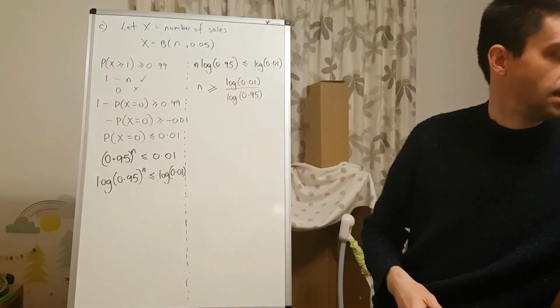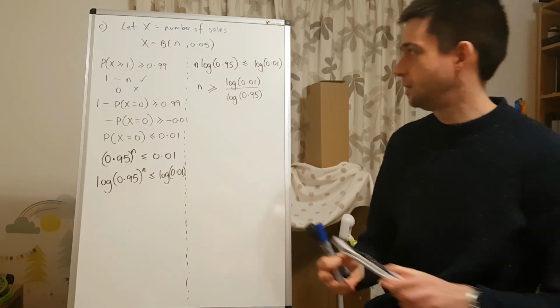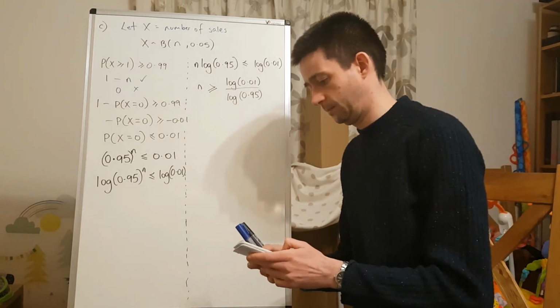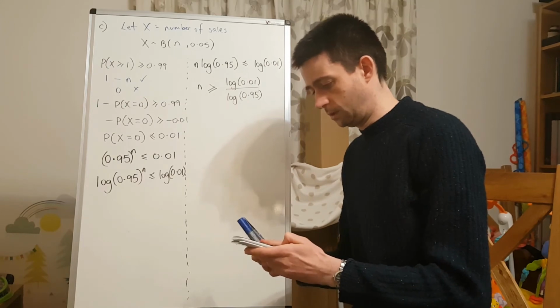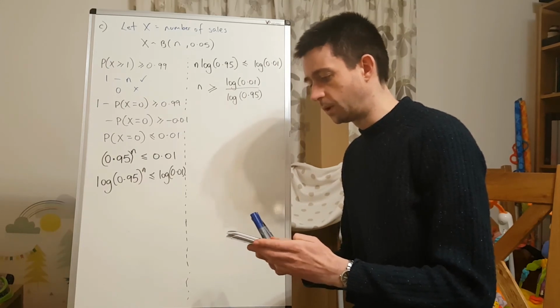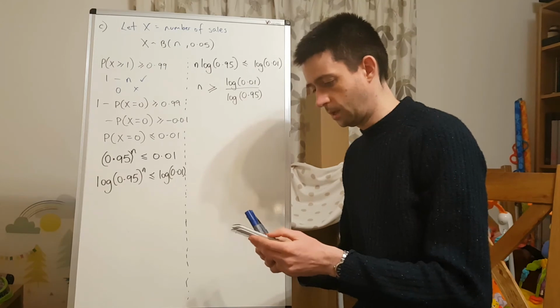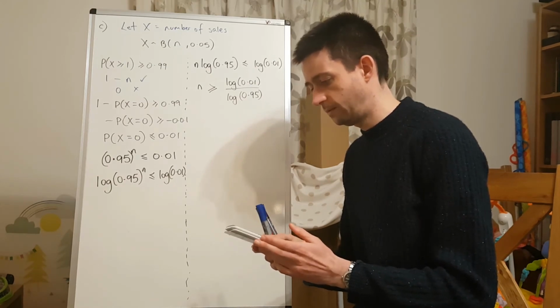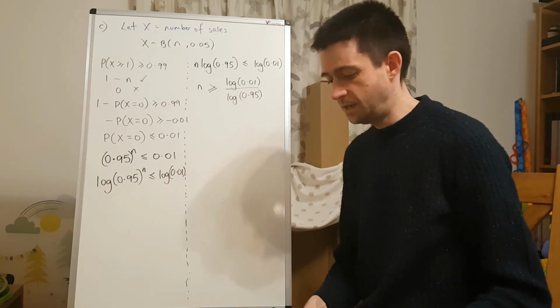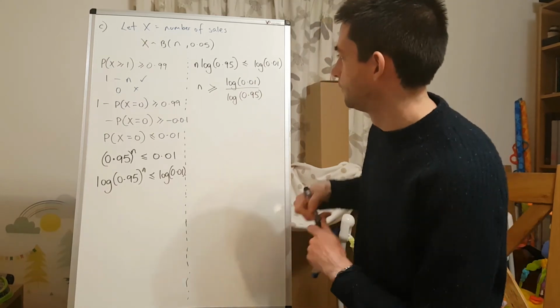Now, for the answer, I'm going to do log of 0.01 over log of 0.95. That is 89.78.